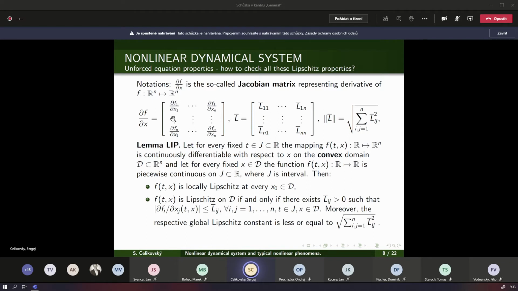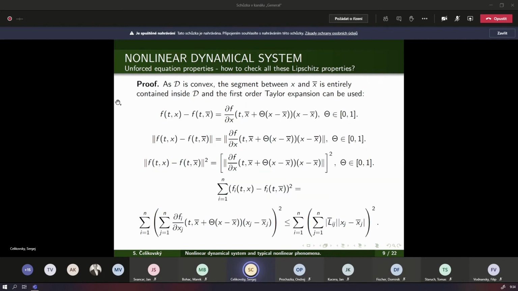By rows we change the component of f, and by column we change the partial derivative. Yeah, this is the partial derivative with respect to the first component of the state, and this is the partial derivative with respect to the last component of the state.